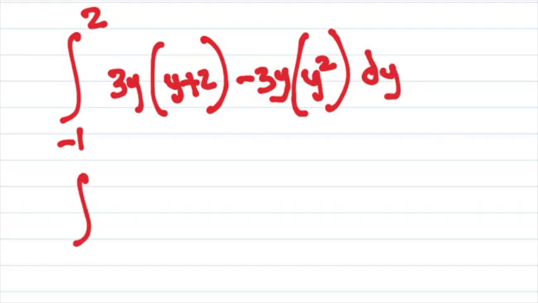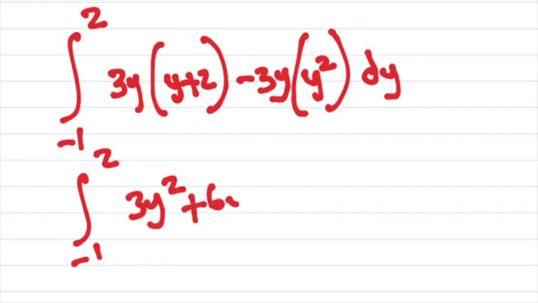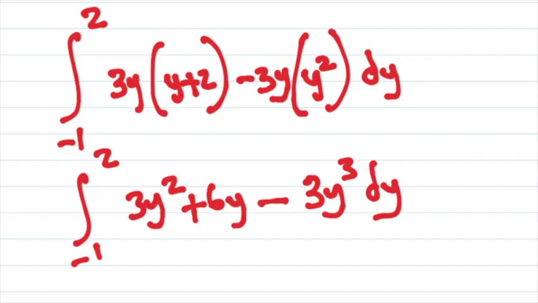Now make it nice for yourself. So it's gonna be 3y squared plus 6y minus 3y cubed dy. Now we're gonna have a good time because everything is in y and we're gonna integrate with respect to y, so everything will be good.